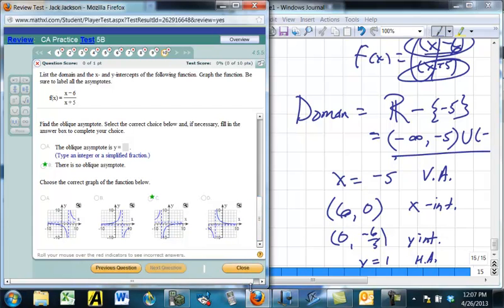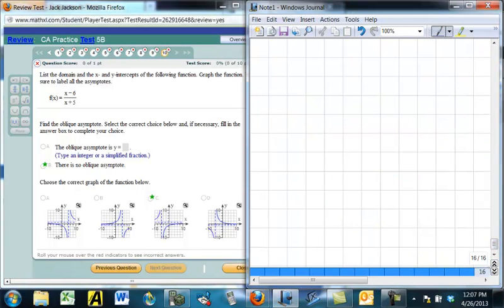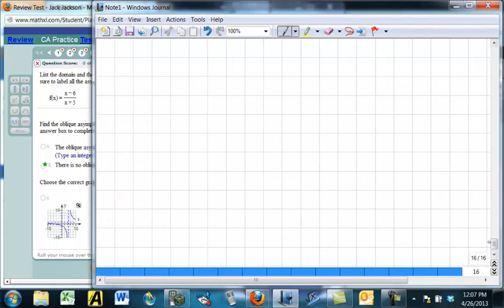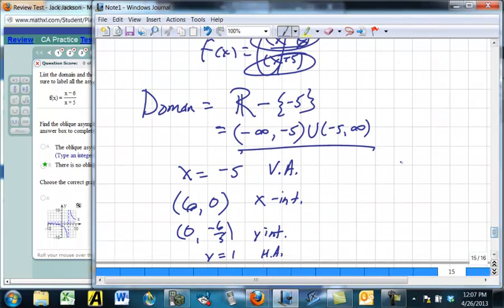Now, just from looking at this information, let's see what we've got so far and put this together.